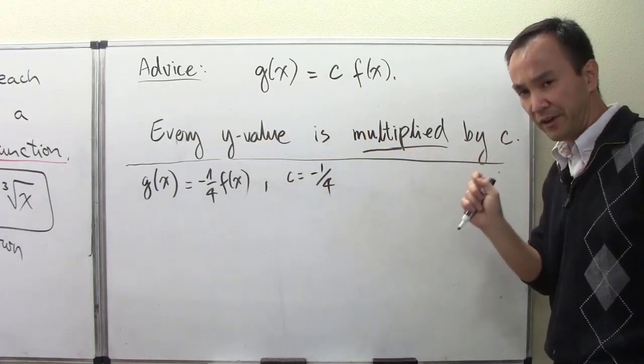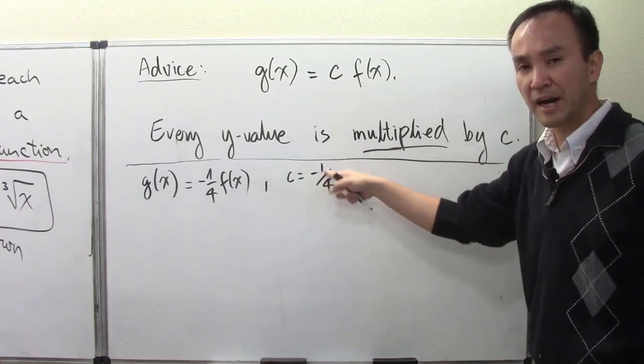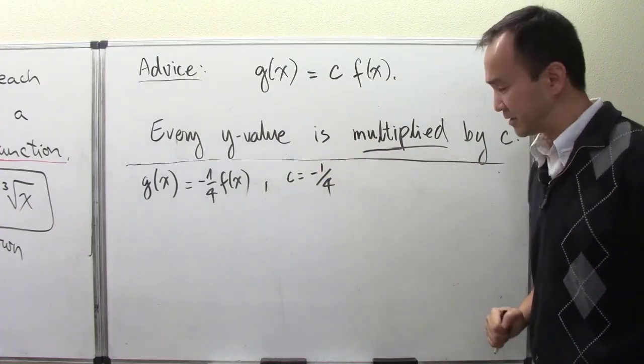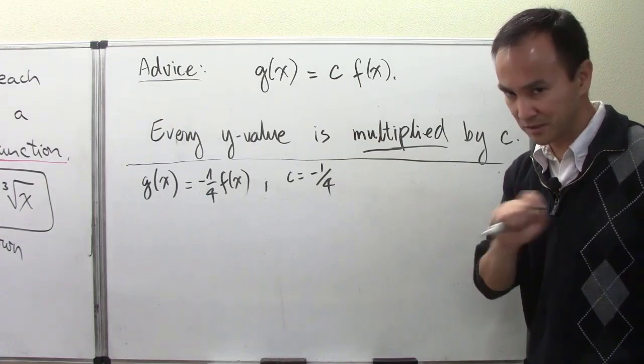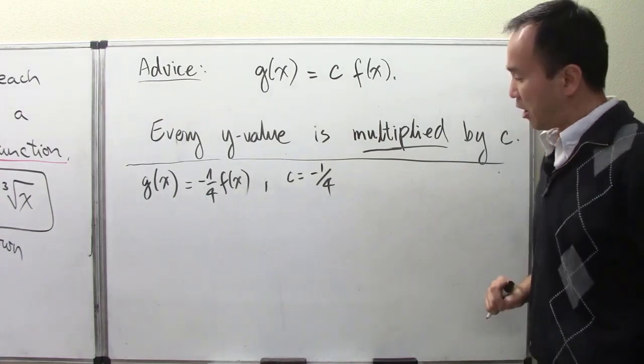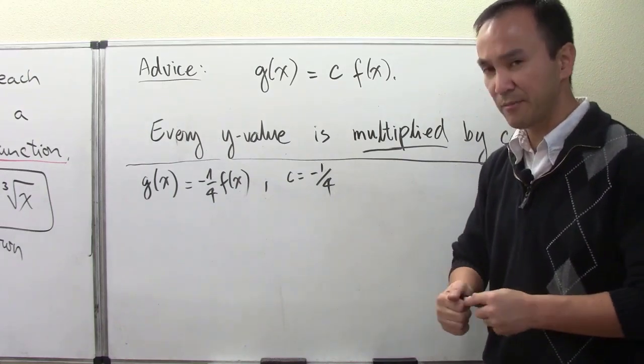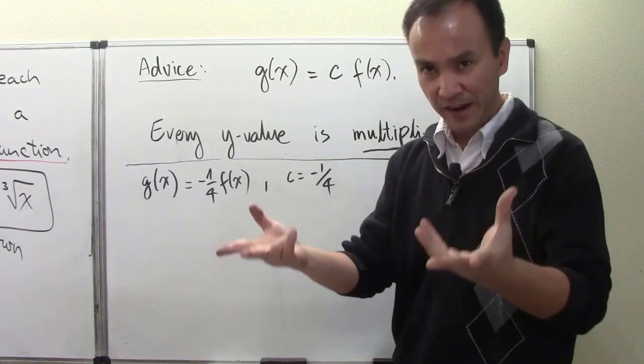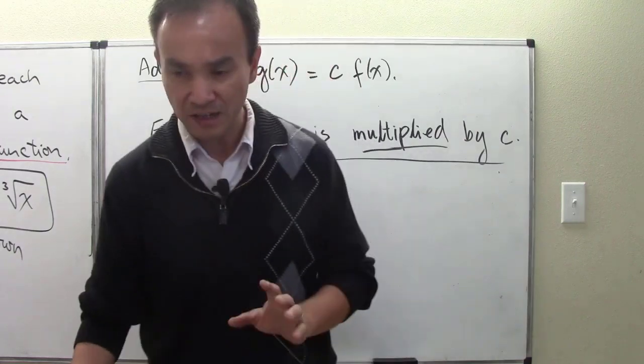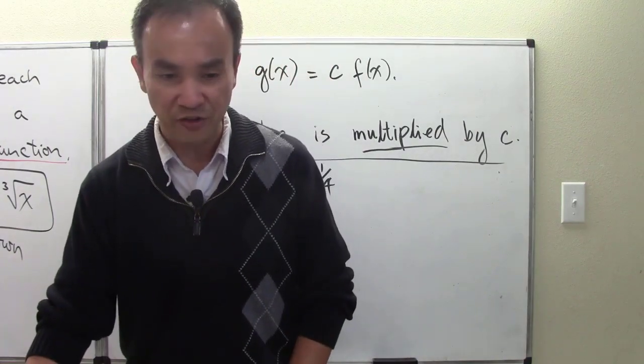That means every y value is multiplied by negative 1/4. That's the part that's really going to make it precisely clear. So now let's make a table of coordinate values of the guiding points, but let's show the graph of the original function first.